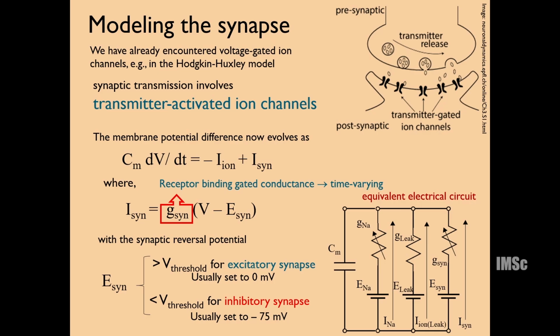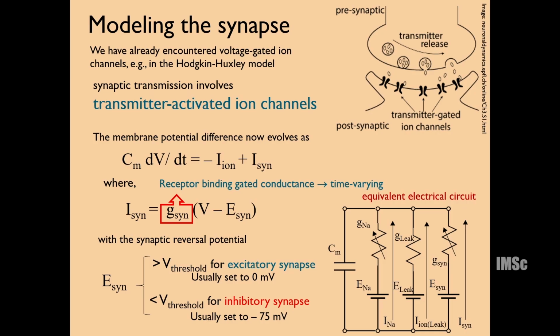I am just replacing resistance by its reciprocal, conductance, so I can write current equal to conductance times potential difference. You had reversal potentials, which Pranay has already covered. Here you have a synaptic reversal potential. So the synaptic current is equal to the synaptic conductance times the difference of the potential minus the synaptic reversal potential.